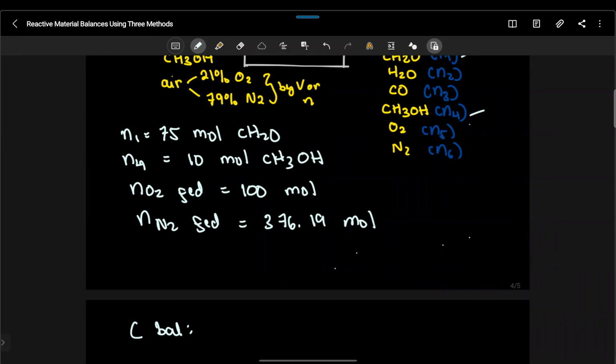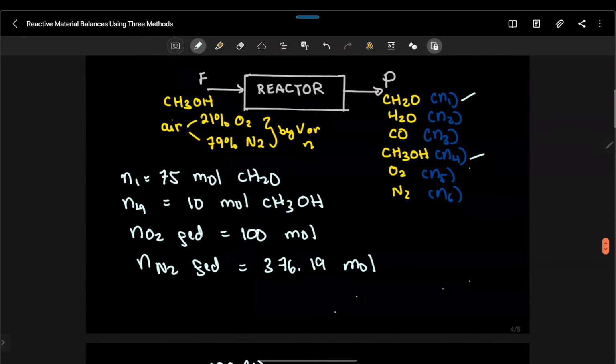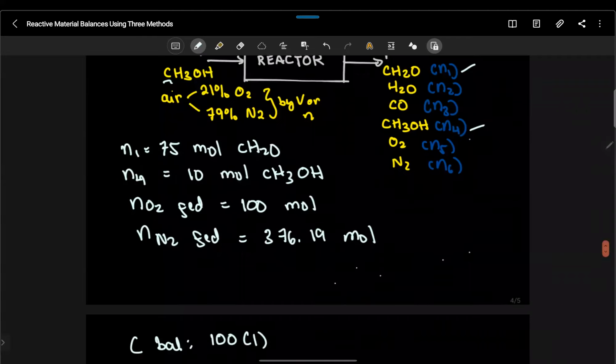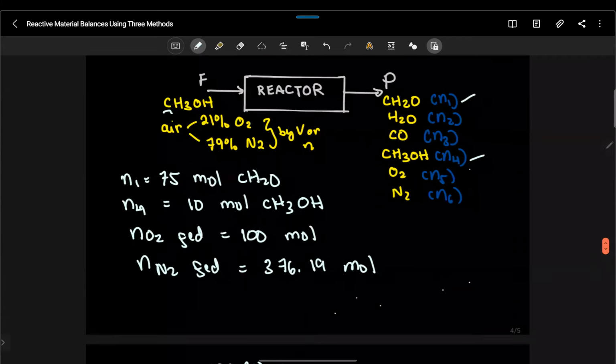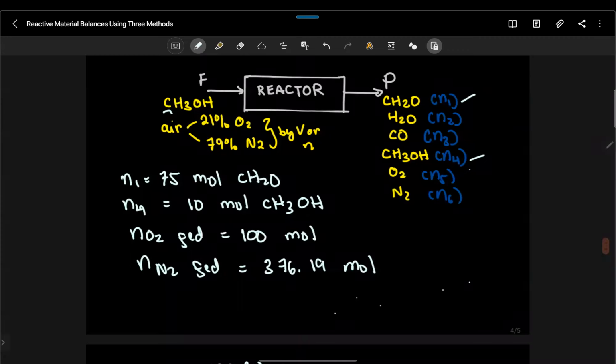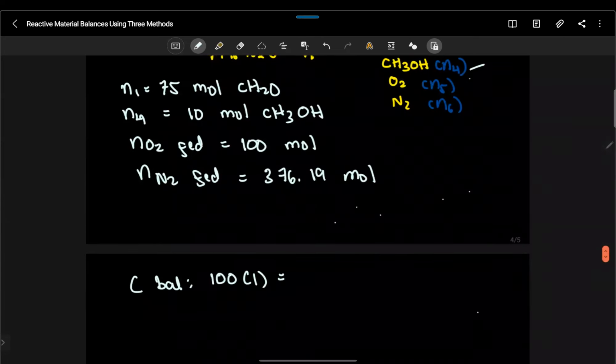Di ba 100 moles yung basis natin? 100 moles times 1. Kasi isa lang yung carbon atom kay methanol. Okay? Equals. Anong mga species dun sa product ang mayroong carbon? So, si formaldehyde mayroong carbon. So, N1 times 1 carbon atom. So, N1 times 1.